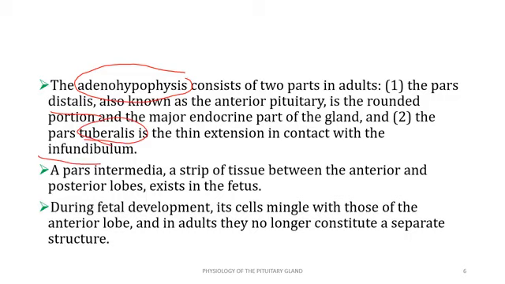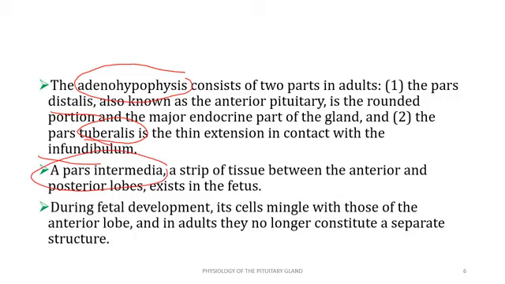So to summarize, the anterior lobe is divided into the pars distalis, the part which produces and secretes the hormones of the anterior pituitary, and the pars tubularis, through which there is communication between the hypothalamus and the pituitary through the infundibulum. The pars intermedia is a third part of the pituitary gland found in the fetus.